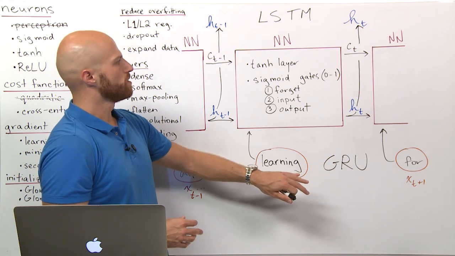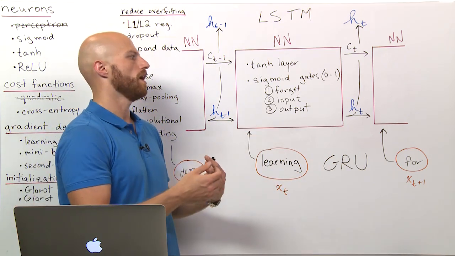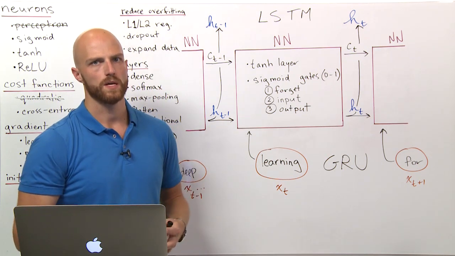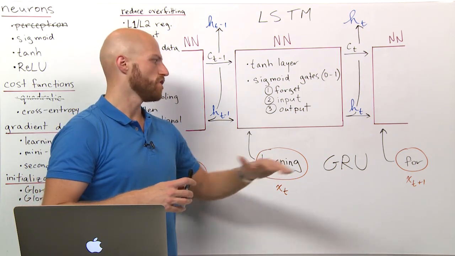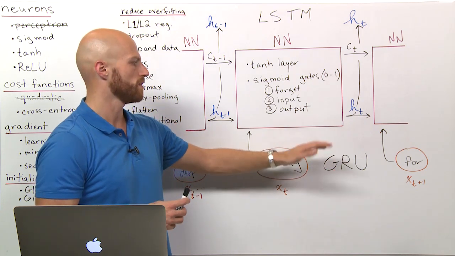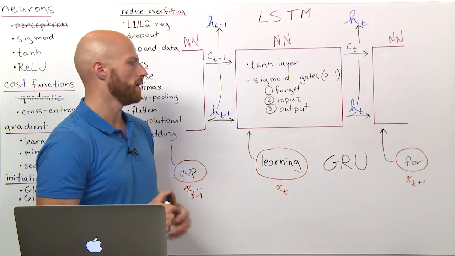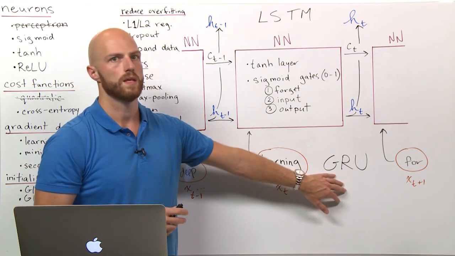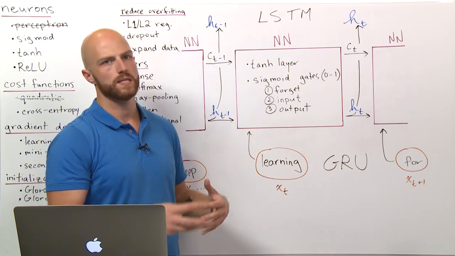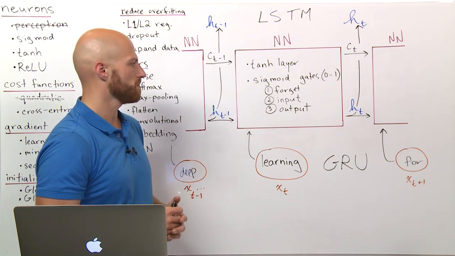The GRUs only have 2 gates instead of 3, and there are some other more nuanced differences between the two. The GRU was invented later, about 15 years later than the LSTM. It was a 2014 paper by Cho and colleagues that brought this idea to the fore. And the GRUs, in some instances, work more efficiently than LSTMs.